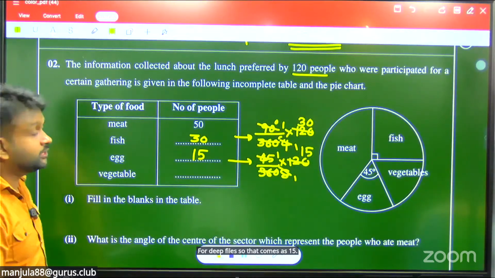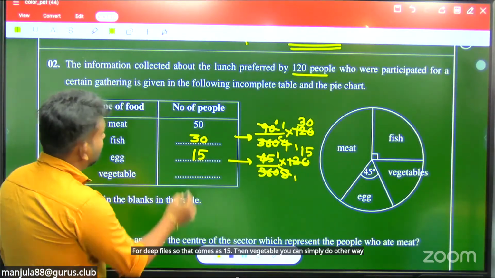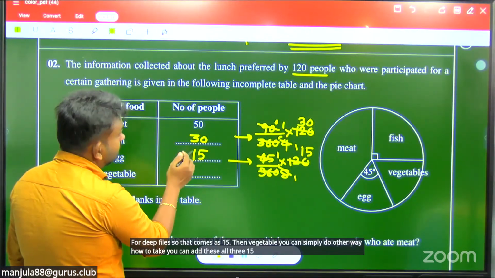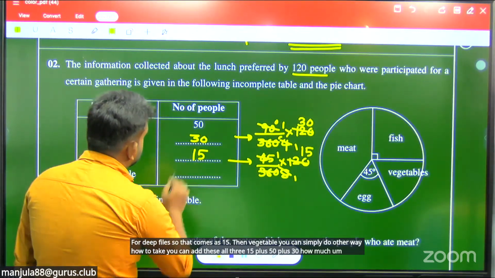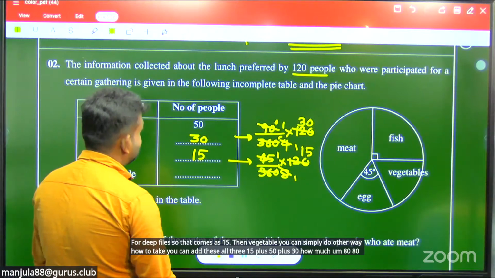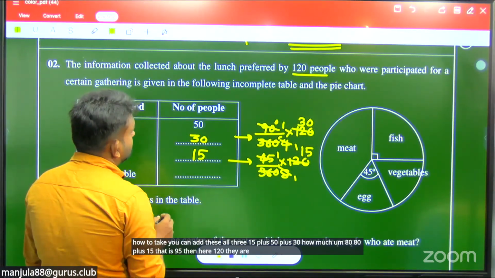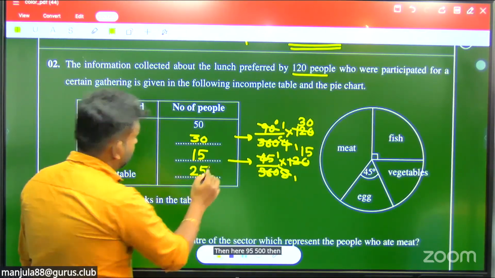Then vegetable, you can simply do the other way. Add these three: 15 plus 50 plus 30. How much? 80. 80 plus 15, that is 95. Then the total is 120, and here 95, so the remainder comes as 25.